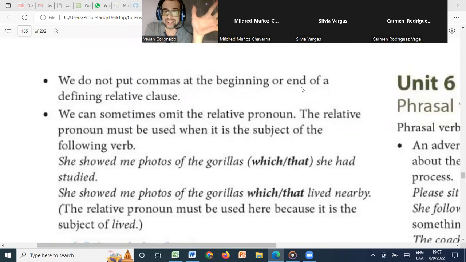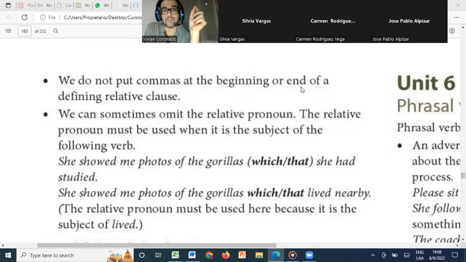Mostly on part one of the test. You will see how important these commas are, again, depending on the activity that we're going to see in a moment. So we do not put commas on defining ones, and we can sometimes omit the relative pronoun.